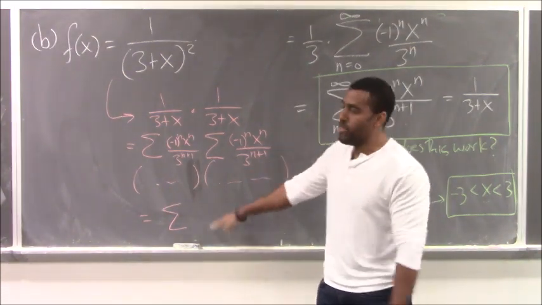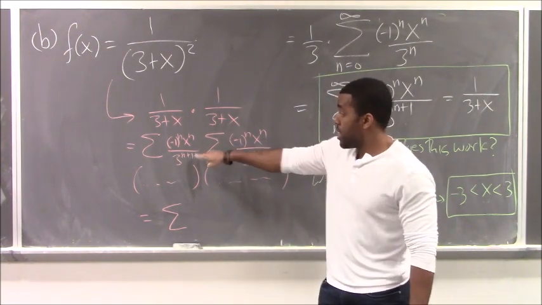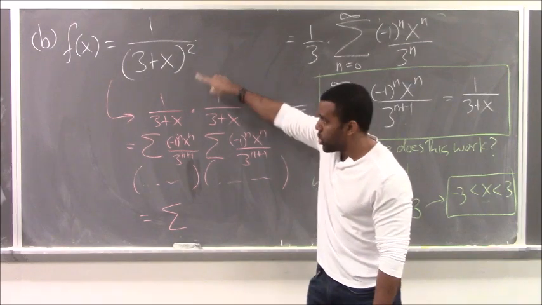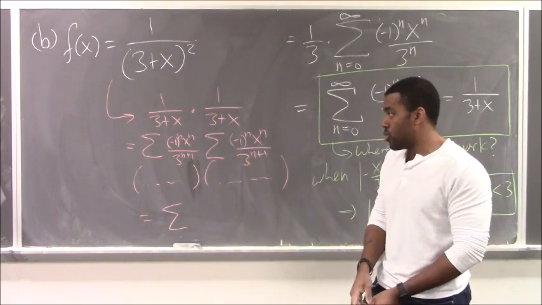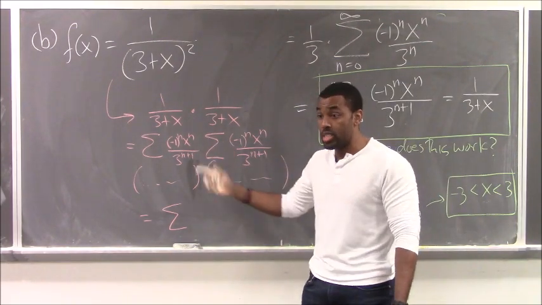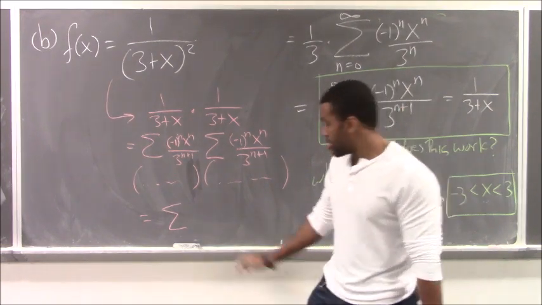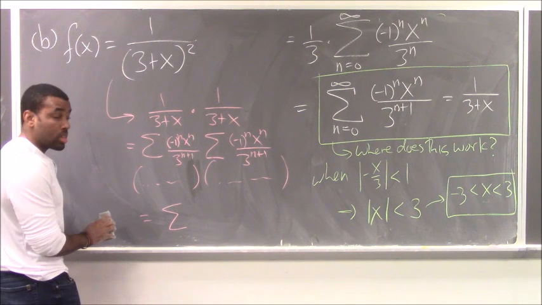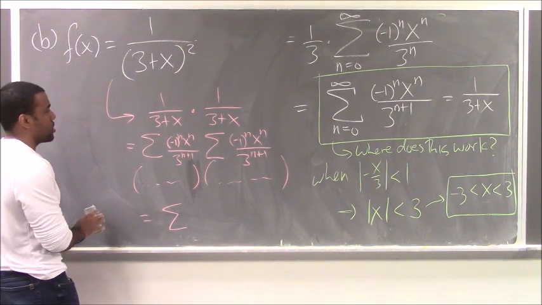It's going to be very difficult to multiply out these guys directly. So thinking of this as literally a square is probably not the way you'd want to go, because multiplying two series is very hard in general. Most of the time it's not worth the computational power to figure it out.